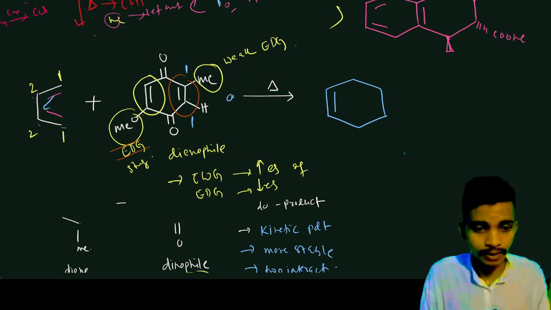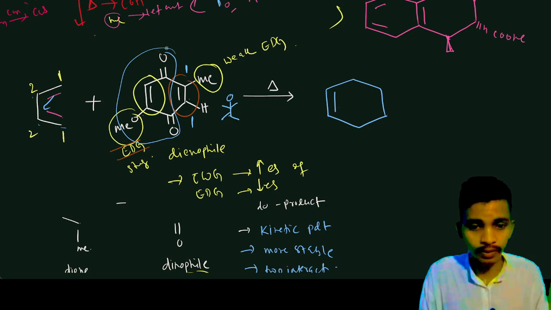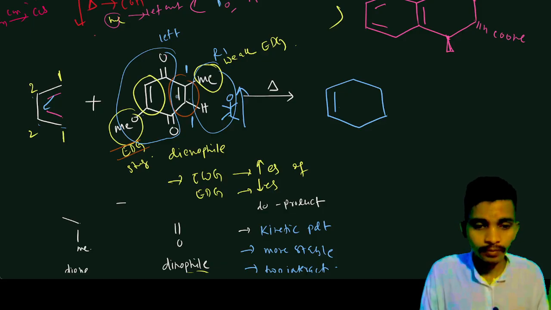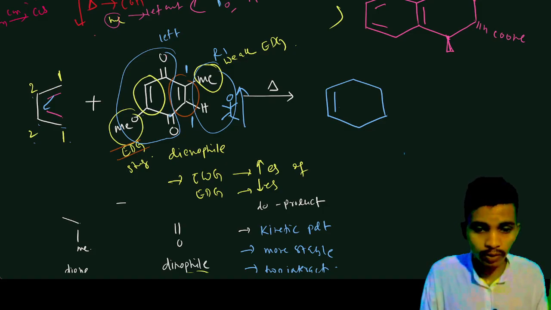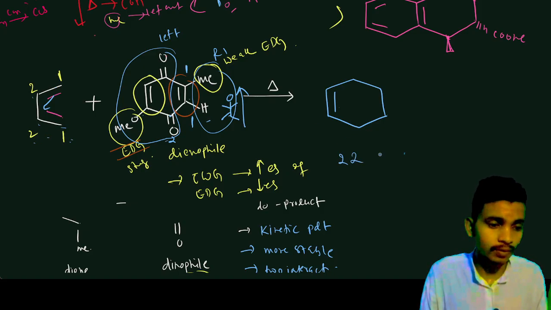Now you are standing here, so these are all going to be your left side and this is going to be your right side, because you are standing here and looking from above. So this methyl is going to be on the right side.